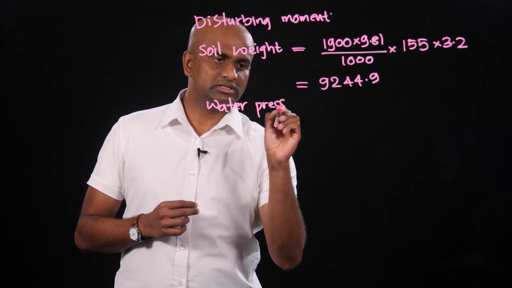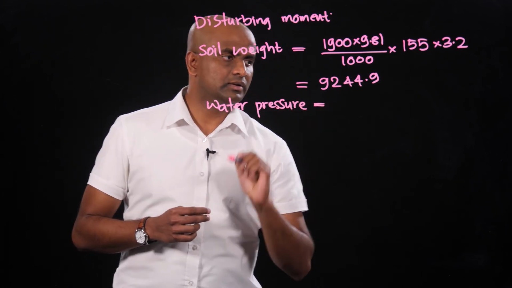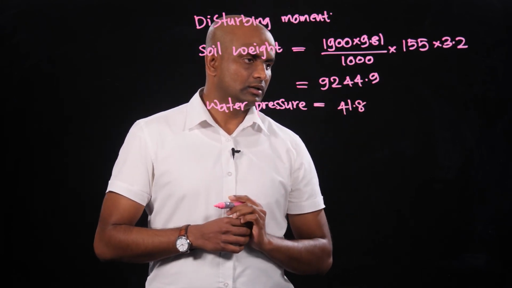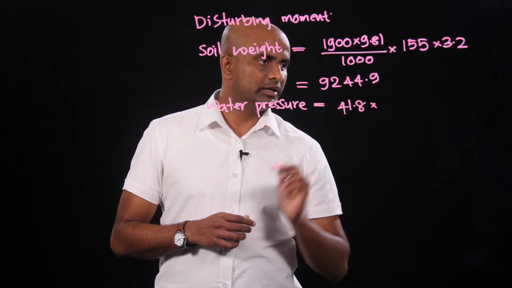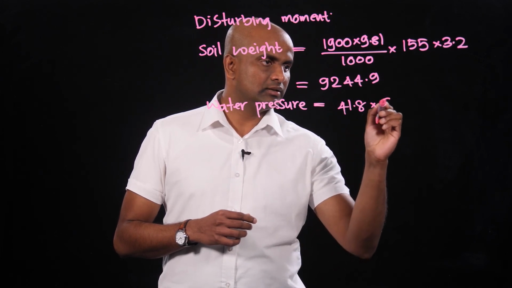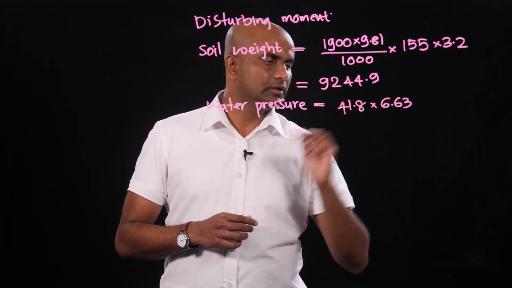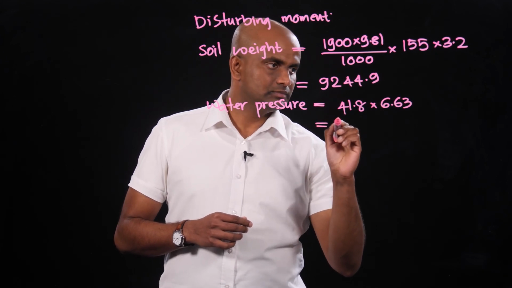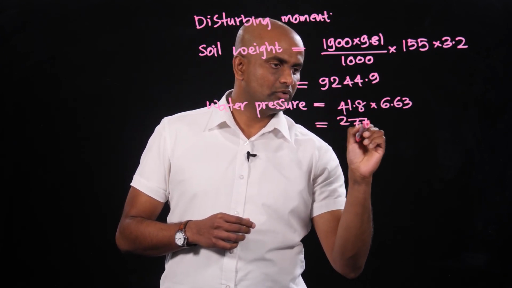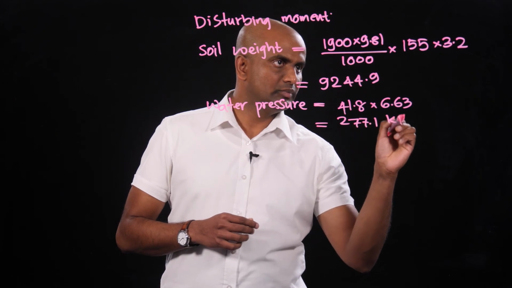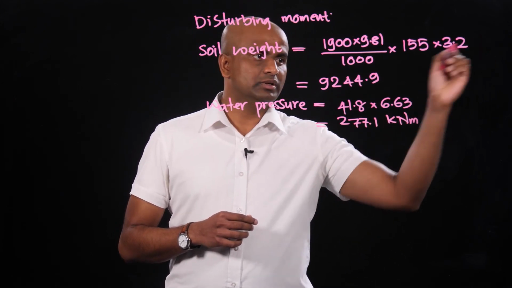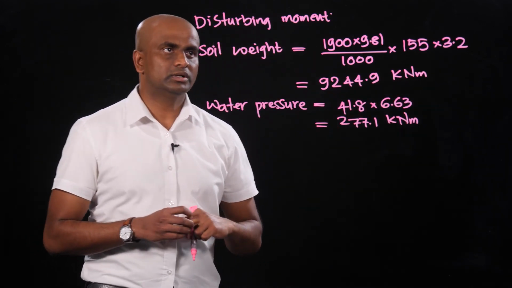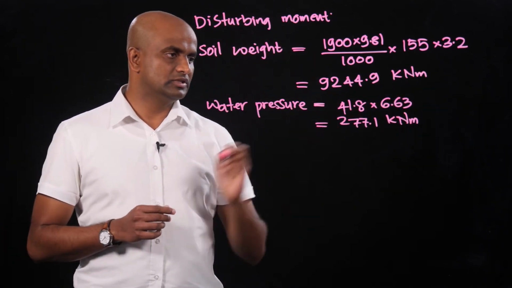We calculated the value as 41.8 kilonewton, multiplied by the perpendicular distance we calculated as 6.63, which will be 277.1 kilonewton meter. So the total disturbing moment will be the summation of these two.